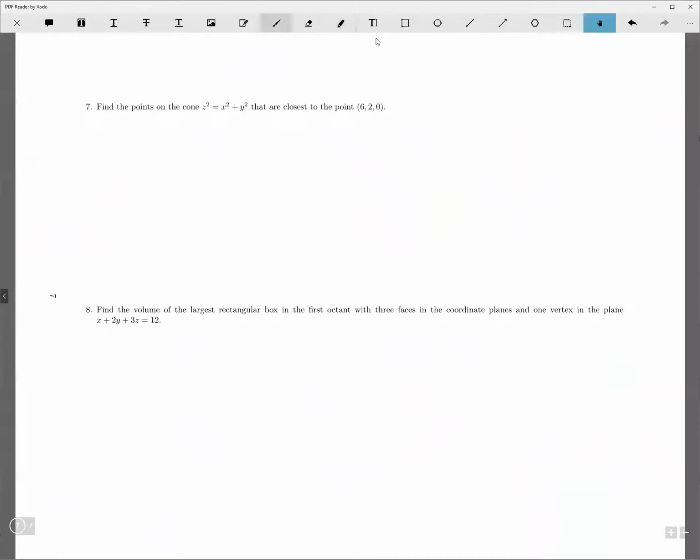Okay, let's look at number 7. Find the points on the cone that are closest to the point (6, 2, 0).